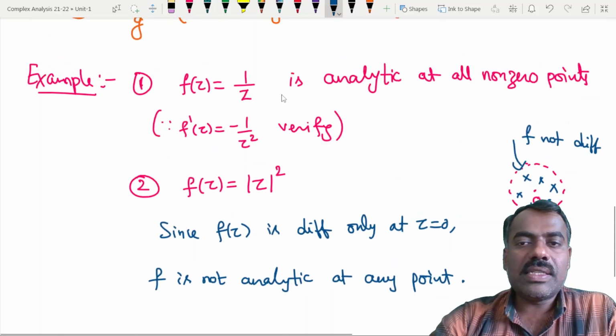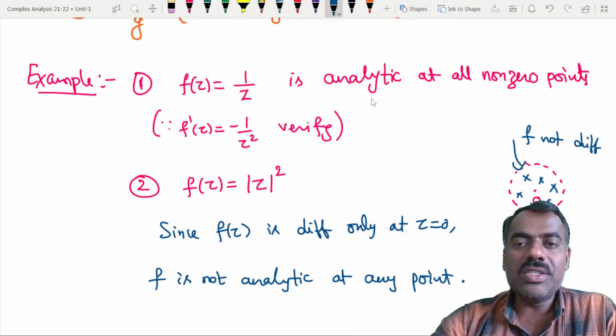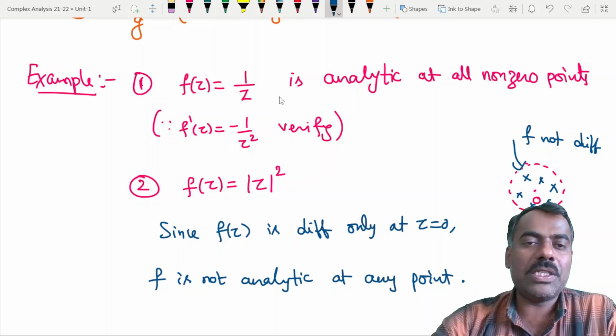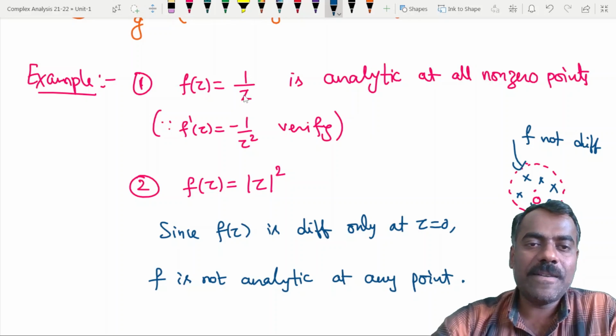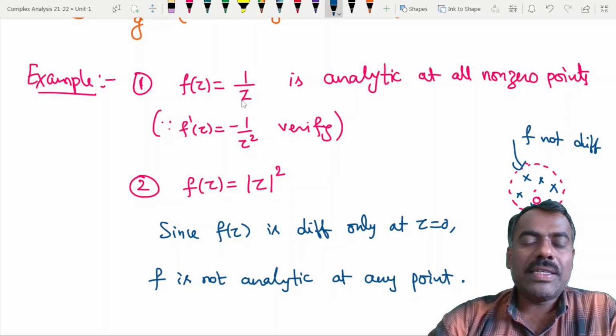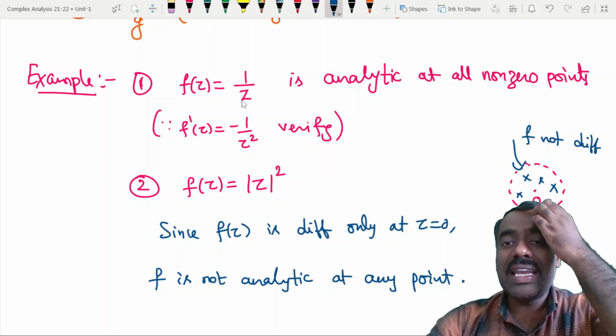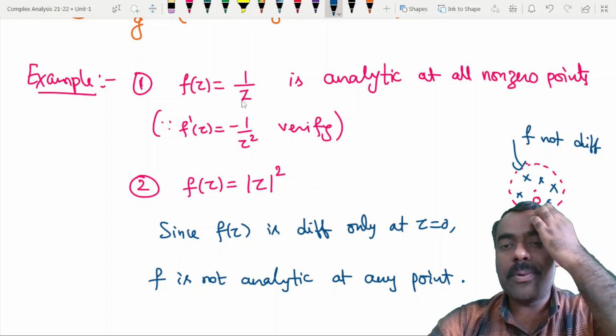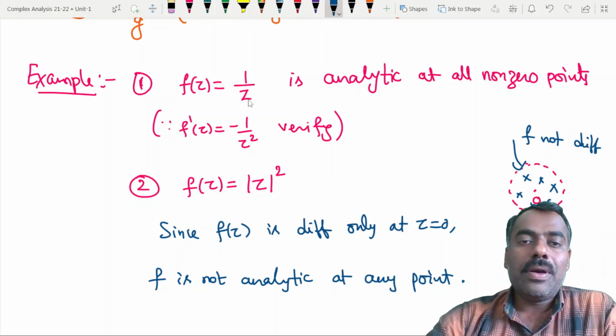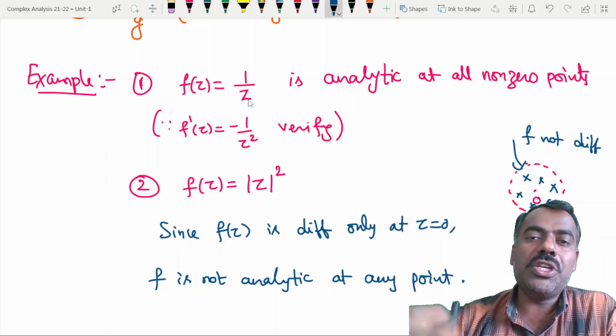Now take f of z is equal to 1 by z. If you take z is equal to 0, f is not analytic at z is equal to 0 because it is not differentiable. It is not even defined, right? But even though it is not analytic at that particular point, you take any neighborhood around 0.